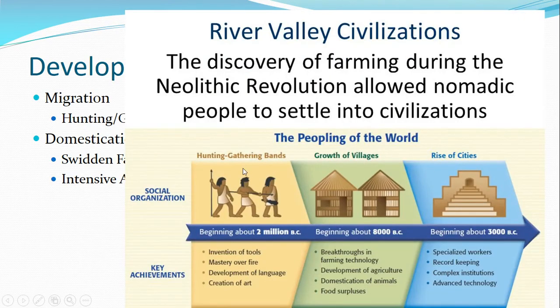Usually, these civilizations moved in pretty predictable patterns where you start to get farming technology, and then as you get these larger cities, you get a division of labor, you get record keeping and history, more complex religious and cultural institutions, and increasing technology, which then allows you to build even more sophisticated societies.